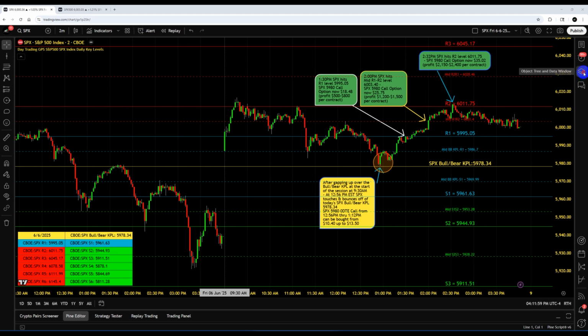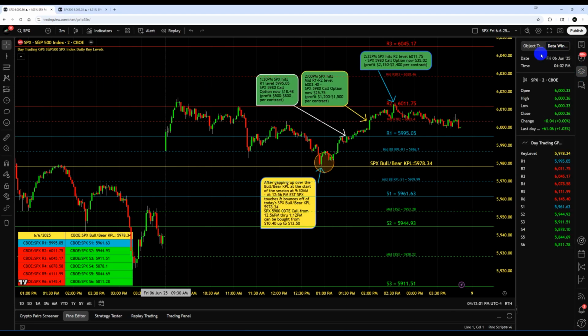Now if we take a look at the data window here, you'll see that on this down move, the low was 5979.32, but on the next bar, 5978.63.